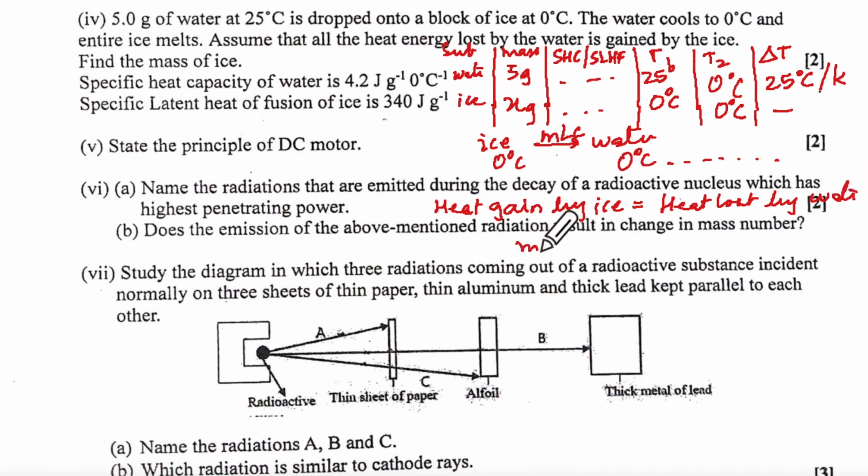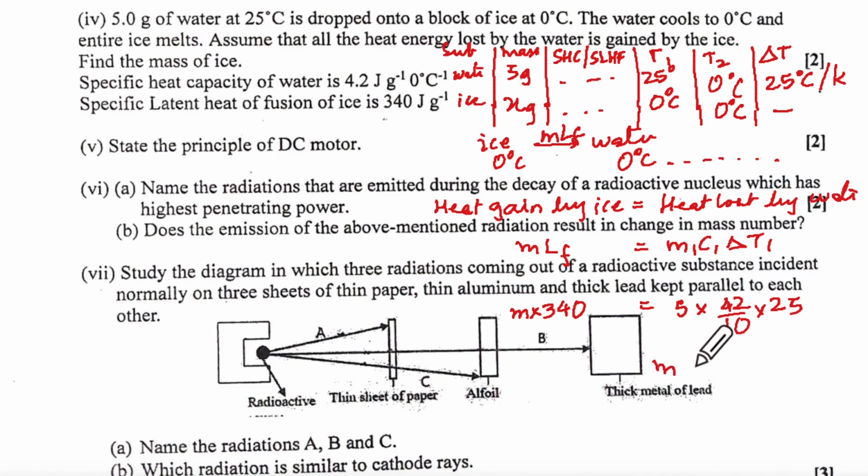So it will be MLF is equal to M1 C1 delta T1. MLF means M into 340, as they have given, and here it is 5 gram into 42 upon 10 into delta T, which is 25.